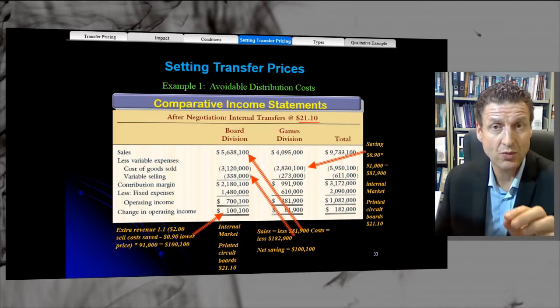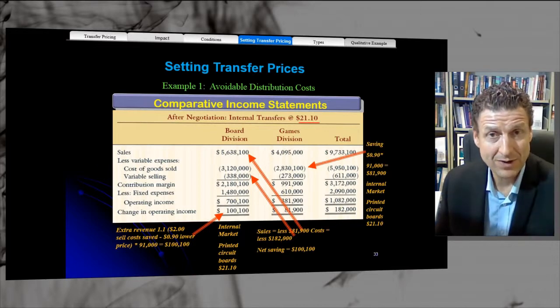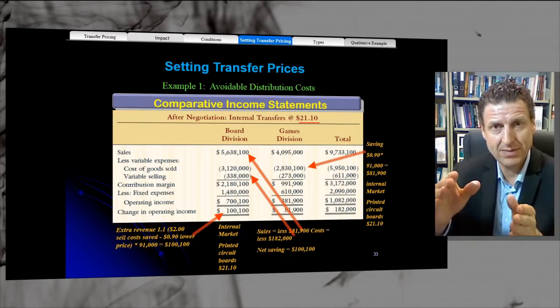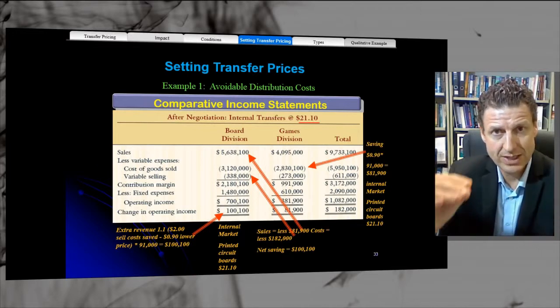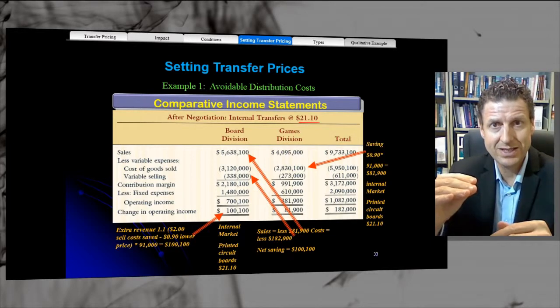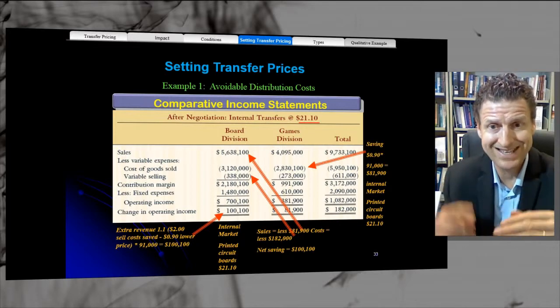Games division do not want to pay more than $22, but board division do not want to sell the unit for less than $20. So the maximum transfer price is $22. The minimum is $20. $20 is the variable cost plus the lost contribution margin, right? You got that?